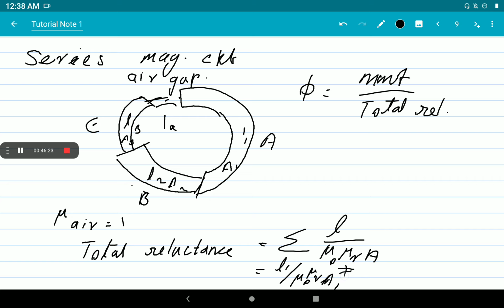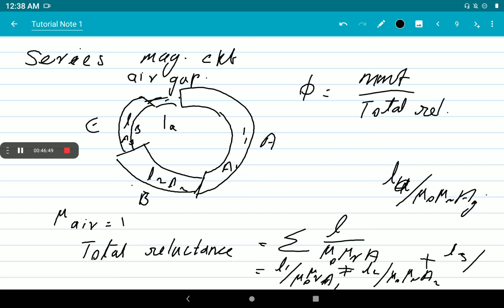So plus L2 by mu 0 mu r A2, plus L3 by mu 0 mu r A3, plus L4, that means LA, the air gap length, divided by mu 0 mu r and air gap area AG. So the total sum will be the total reluctance in a series magnetic circuit.